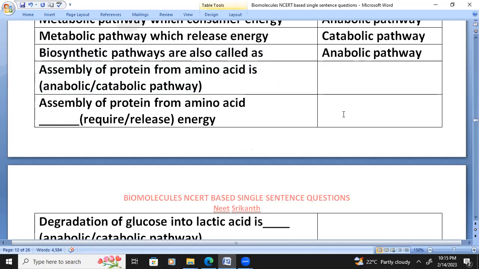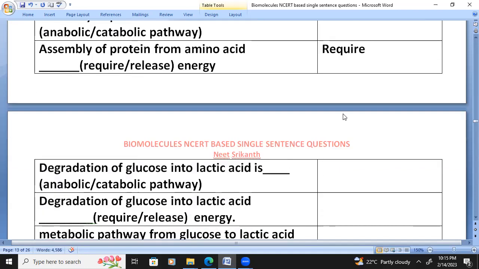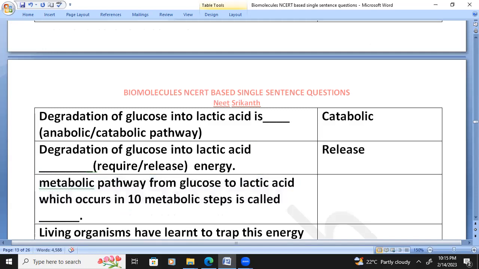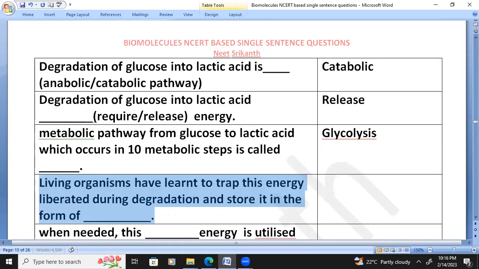Assembly of protein from amino acids is anabolic and requires energy. Degradation of glucose into lactic acid is a catabolic path and releases energy. The metabolic pathway from glucose to lactic acid, which occurs in 10 metabolic steps, is called glycolysis.